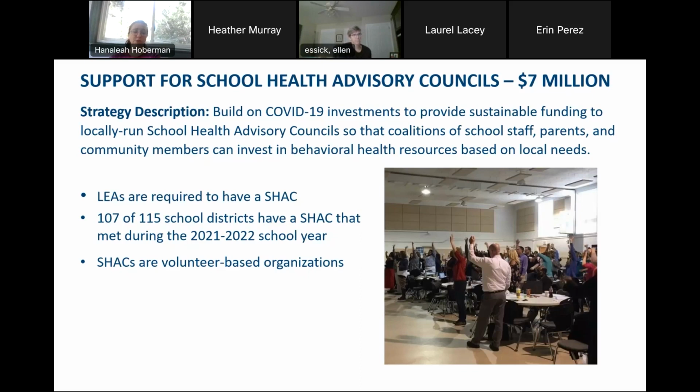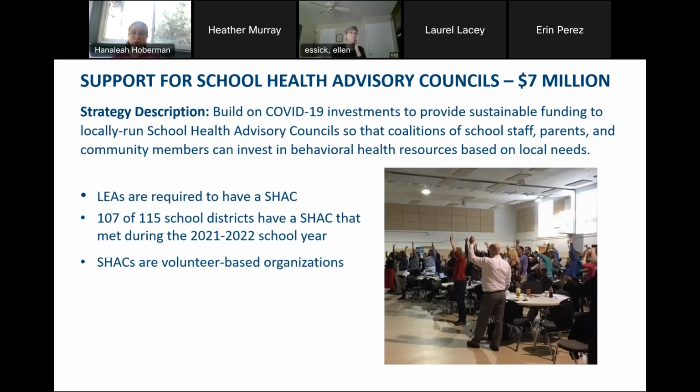And so what we were able to do with the COVID-19 funding was that we gave schools across the state, their districts, their school health advisory councils received $60,000 in order to implement these interventions. And we just saw amazing work being done.